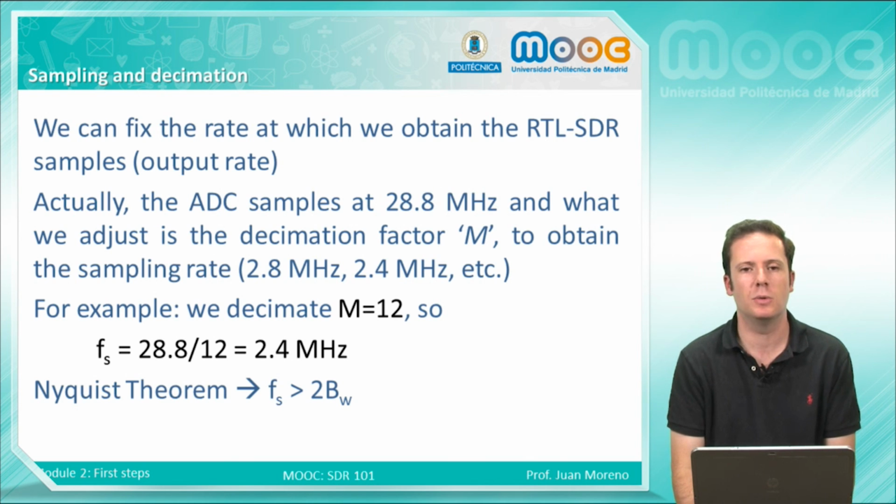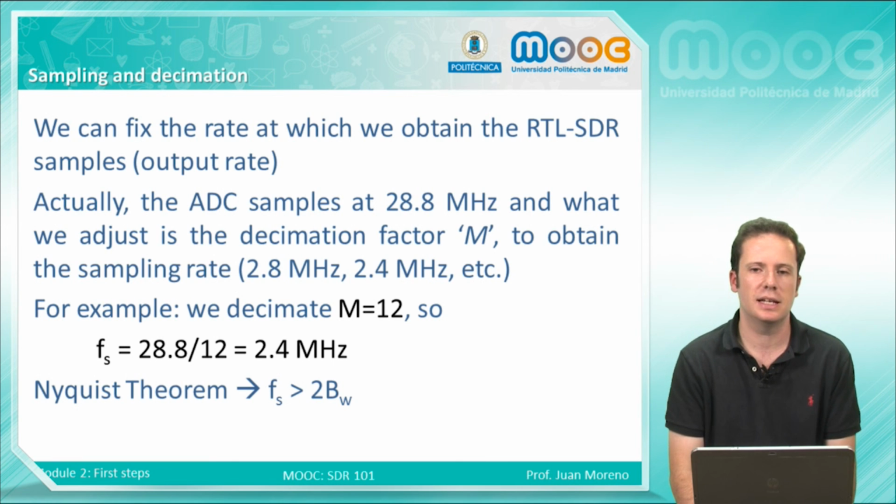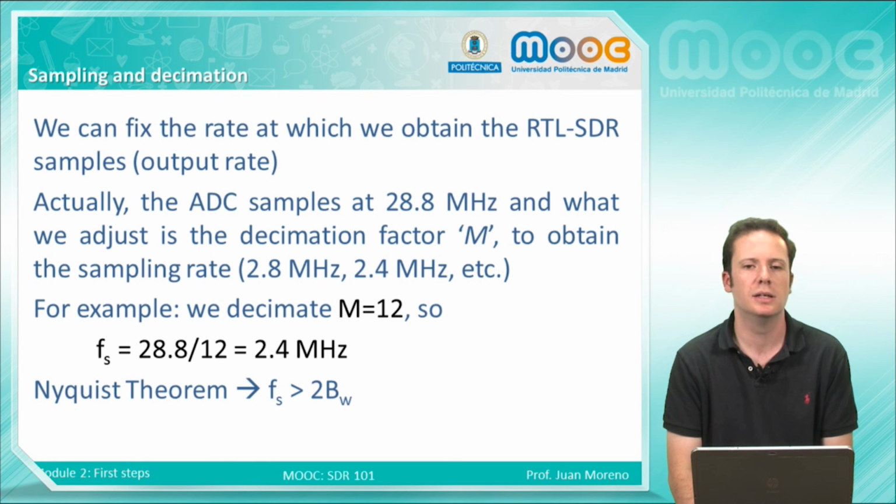But actually what the ADC of the RTL does is sample the signal at 28.8 megahertz. This is 10 times the maximum frequency that we can have. And then it decimates the signal with an M factor to obtain the final sampling rate.